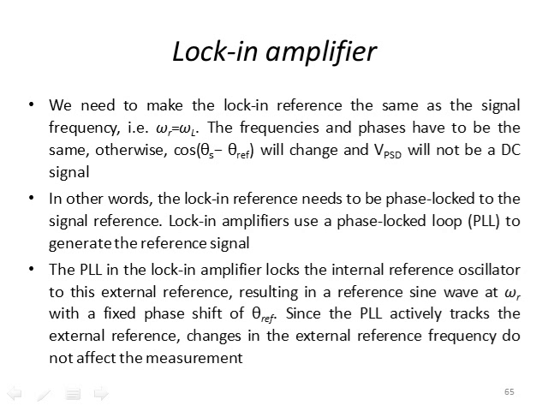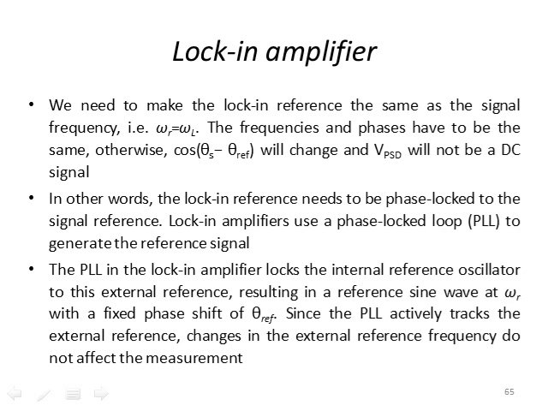So we need to make the lock-in reference the same as the signal frequency. The frequencies and phases have to be the same, otherwise cosine(theta_s minus theta_ref) will change, and the PSD voltage will not contain the DC signal. In other words, the lock-in reference needs to be phase locked to the signal reference.